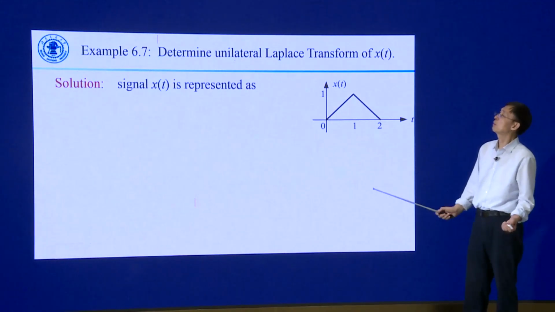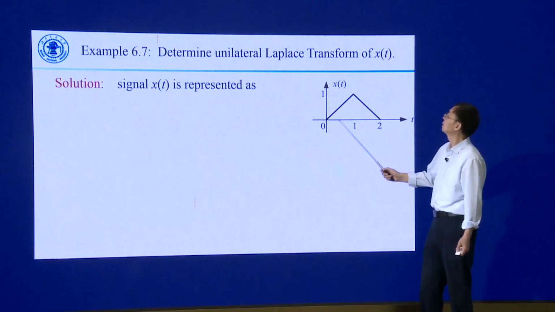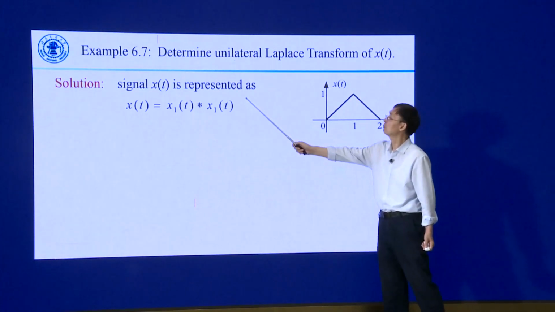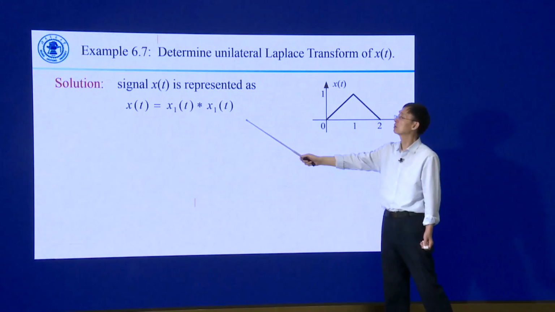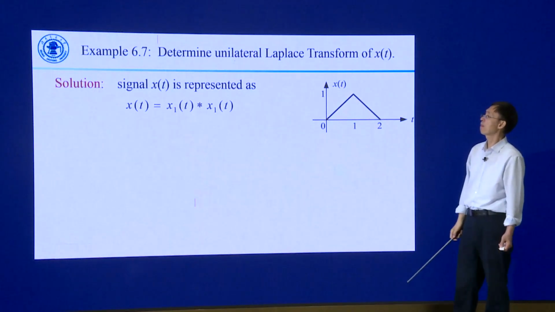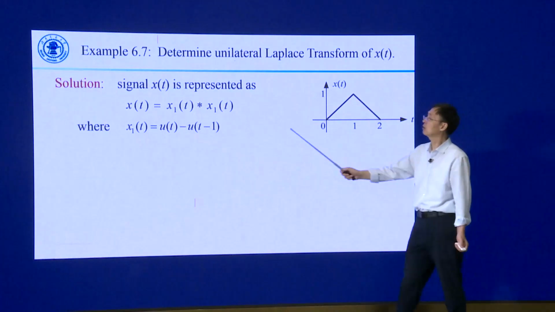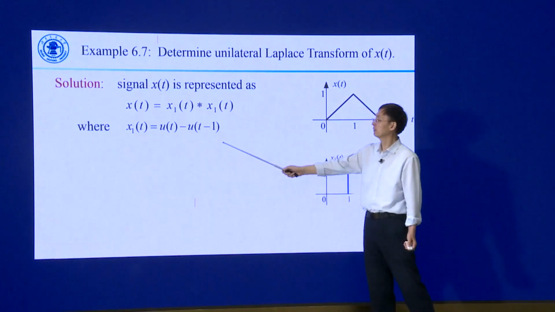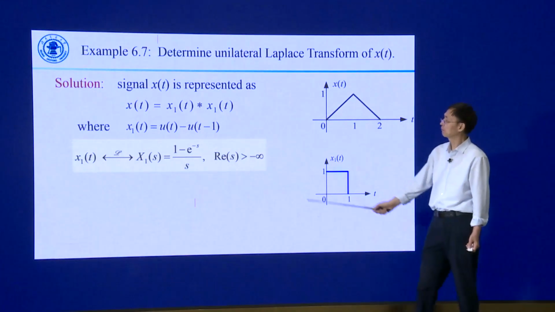Here is the application for this property. This signal can be represented as the convolution of x1(t), and for the x1(t), we can find its unilateral Laplace transform.